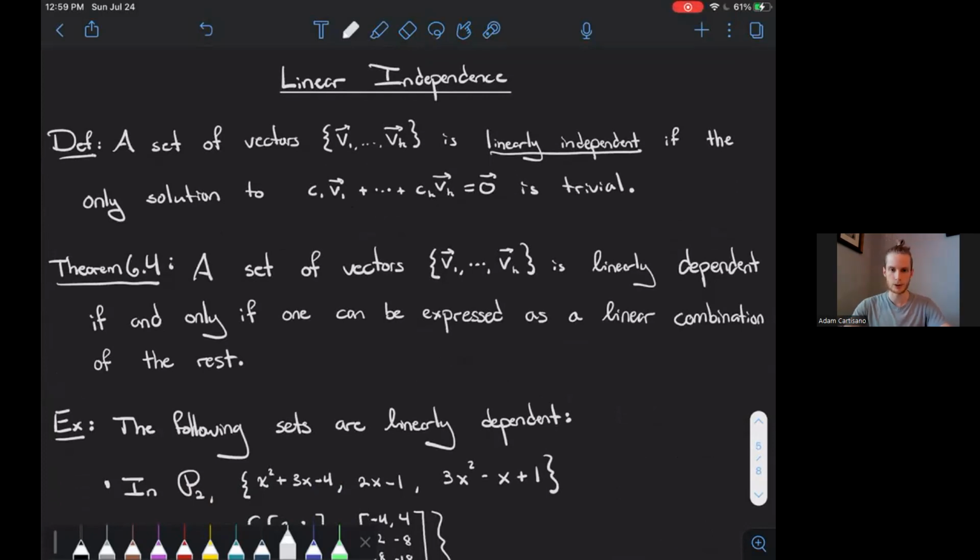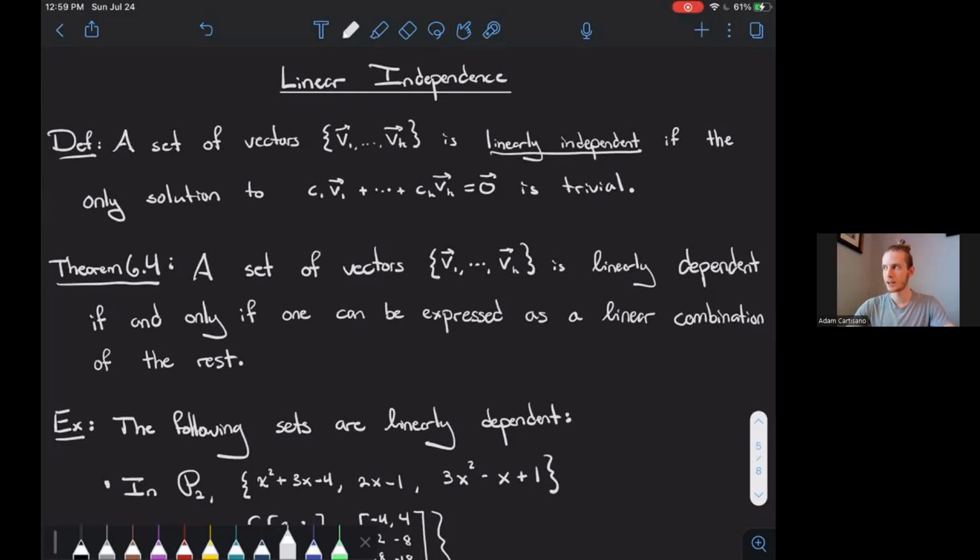If there's a non-trivial solution to this linear combination, then that set of vectors is linearly dependent, and it's linearly independent otherwise. That definition we just copy paste verbatim for arbitrary vector spaces.